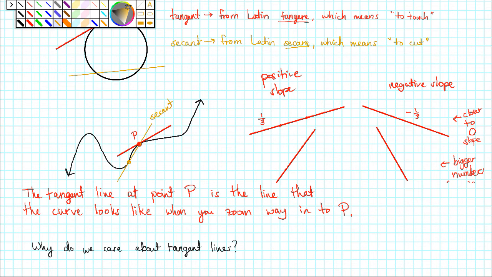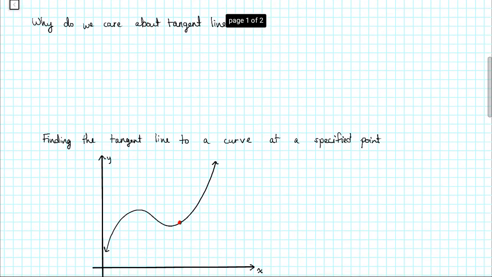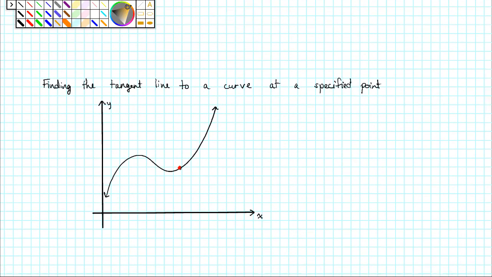All right, so now here's the question, which is, how do we actually find a tangent line to a curve at a specified point?